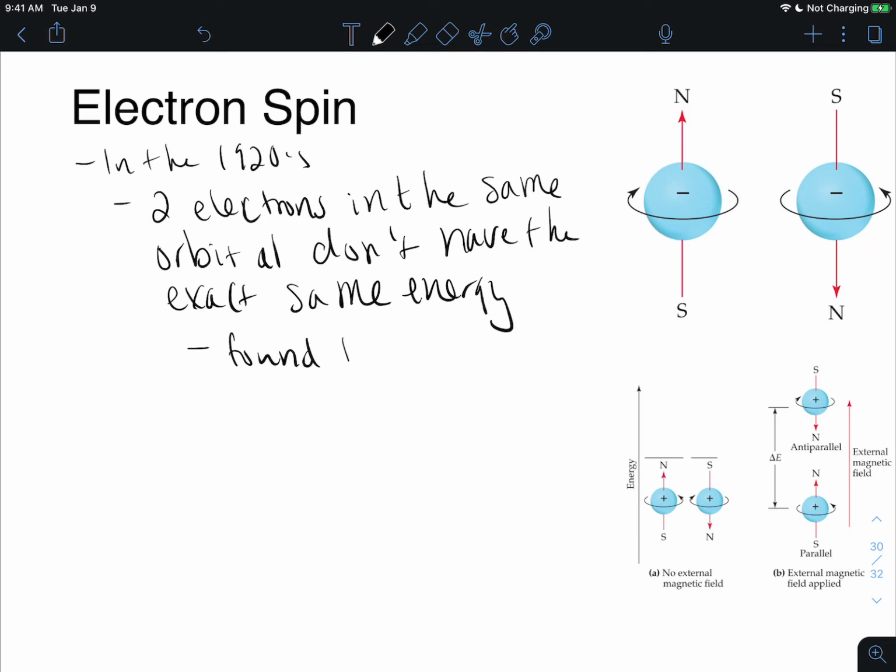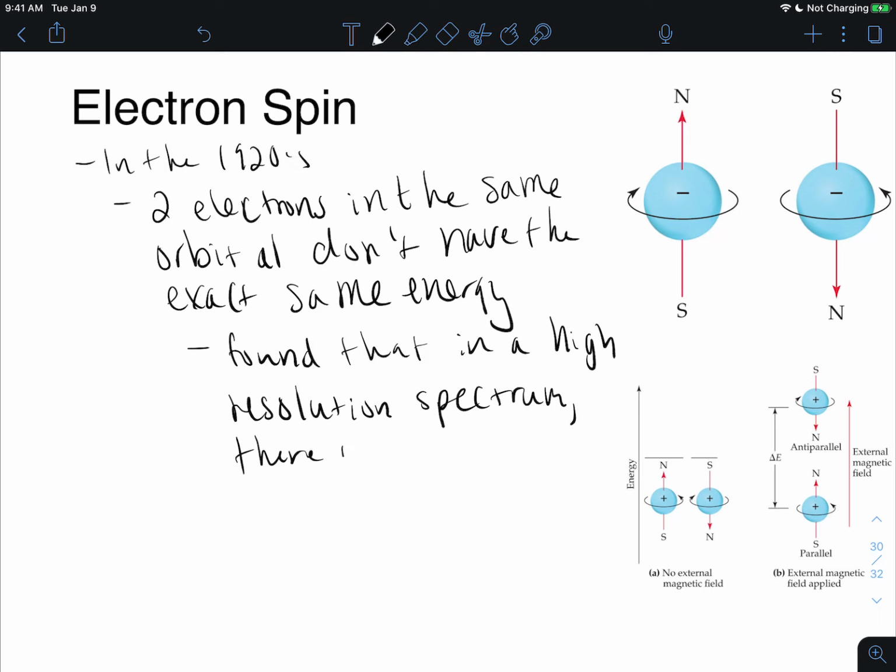So they found that in a high resolution spectrum, there were 2 times the expected lines. So they had very, very slightly different energies.